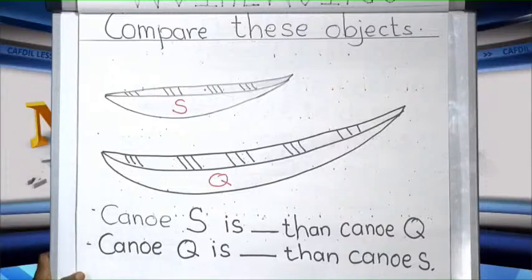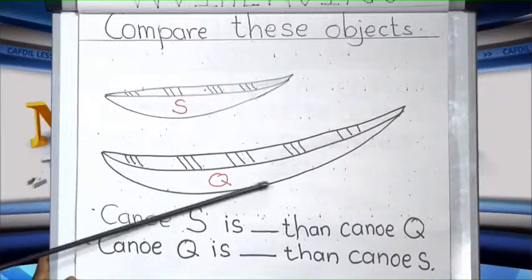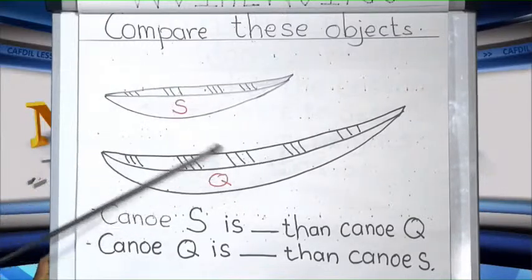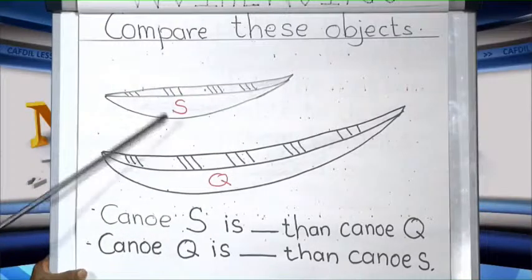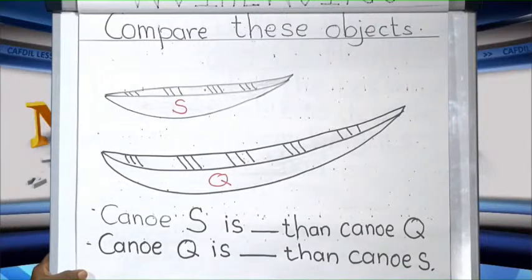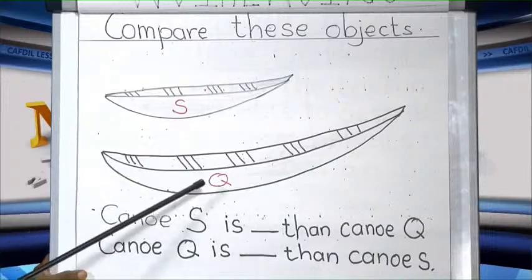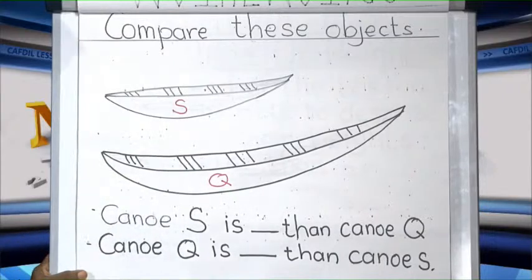Good. Now in your exercise book, I've drawn this. You are going to compare canoe S and canoe Q using shorter than or longer than. Are you okay?